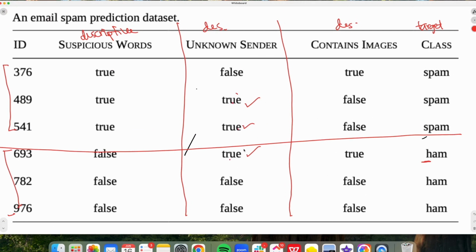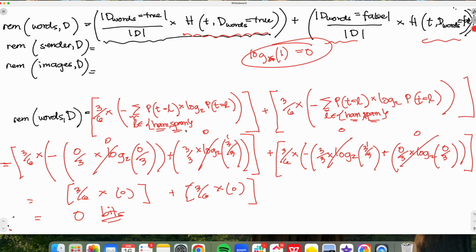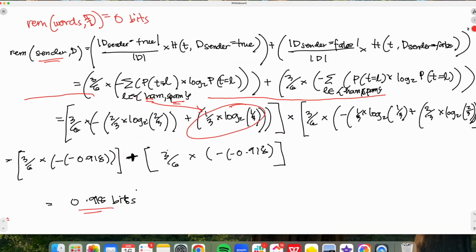So true and it's spam, we have 2 over 3. And you take the sum of these terms. You have negative 0.918, and with the negative here, that would make the logarithmic value positive.